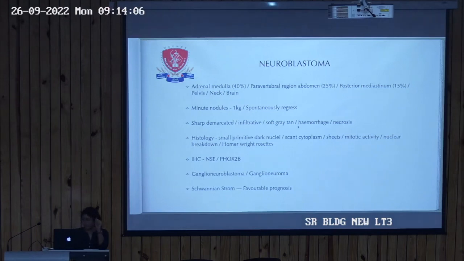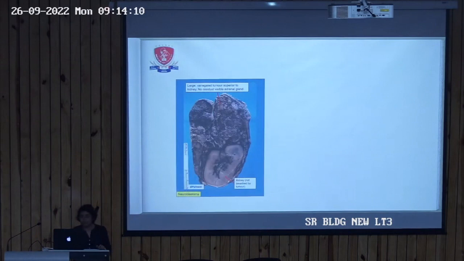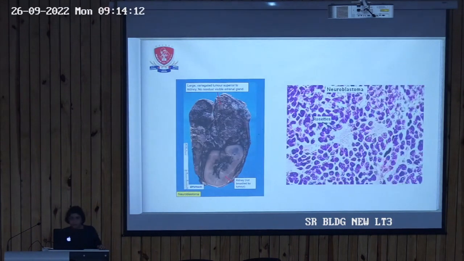Now histology I'll show you here. So this is how it looks grossly. If you can see, this is brown, greyish brown, and it is very beautifully demarcated. It's not infiltrating, but we do get infiltrative tumors as well.